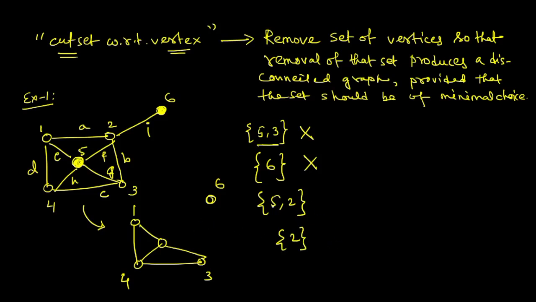So why are you unnecessarily removing this 5? So this is not a cut set, because it is not a minimal choice, okay, whereas this one is a minimal choice and this is a cut set with respect to vertex. Okay, so this is how we check cut set with respect to vertex.